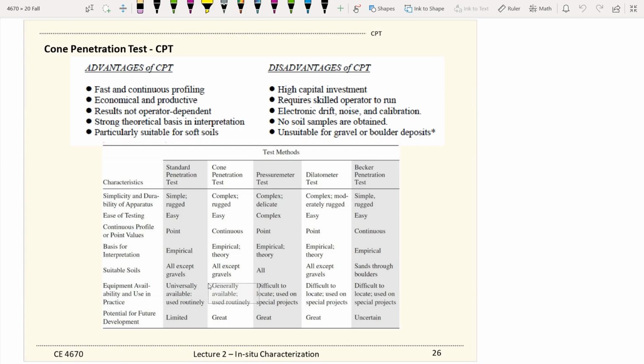Down the road, I won't be surprised to learn that CPT is as commonly available as SPT. But from a historical standpoint, there is a lot more SPT data out there than CPT. There is also potential for future development, with still a lot of room for improvement for the CPT.